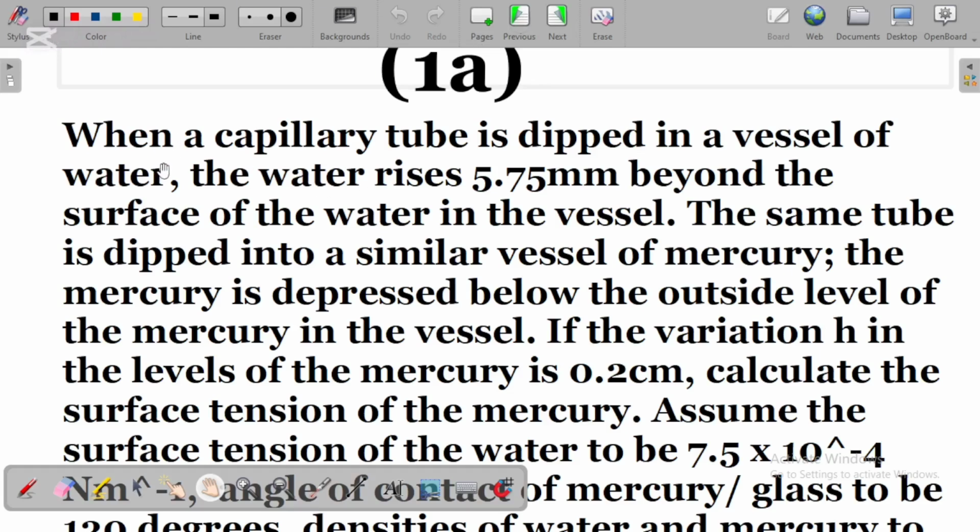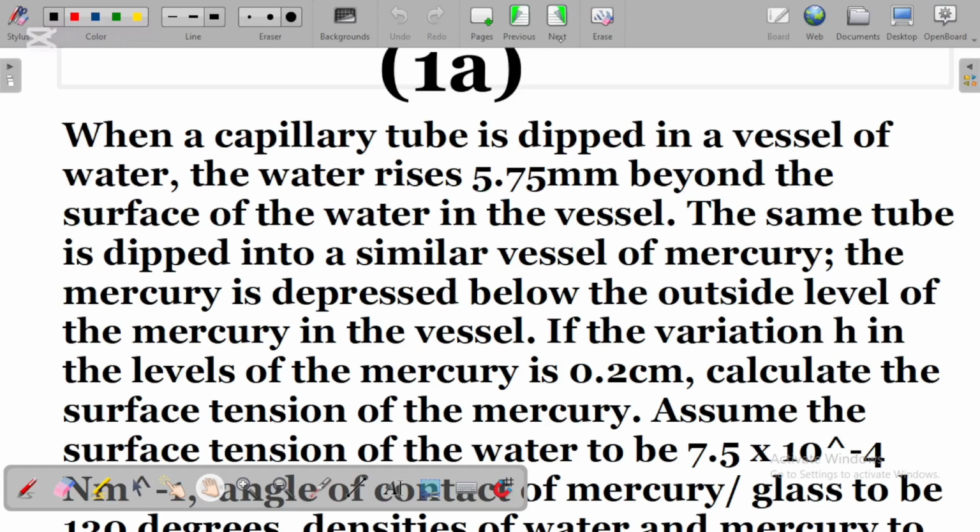Alright, in the question we are told that the capillary tube is dipped in a vessel of water and the water rises 5.75 millimeter beyond the surface of the water in the vessel.